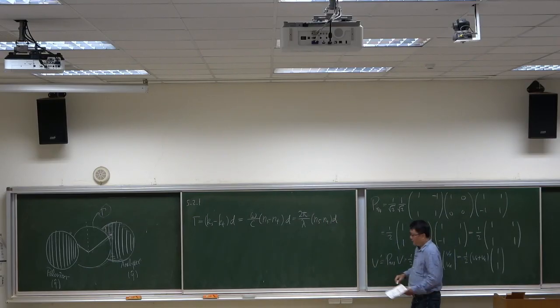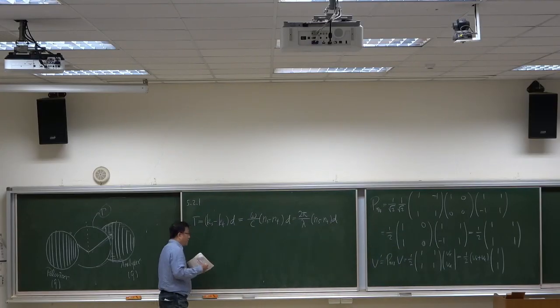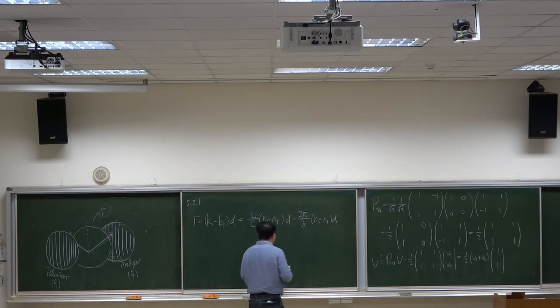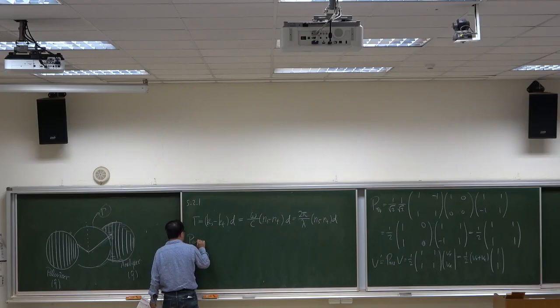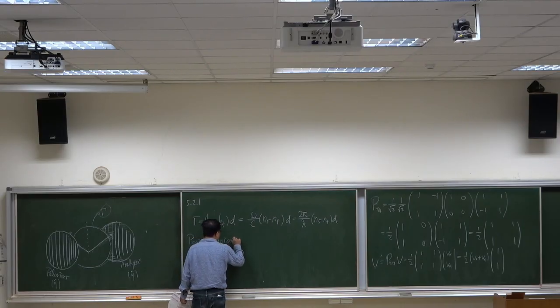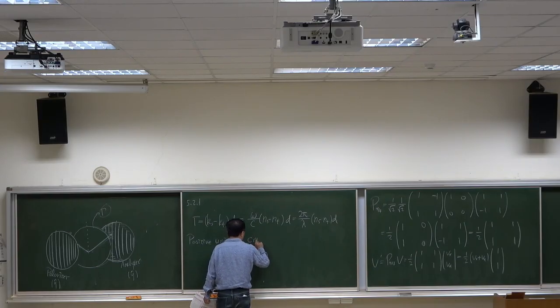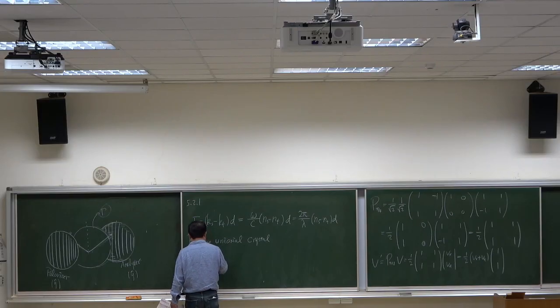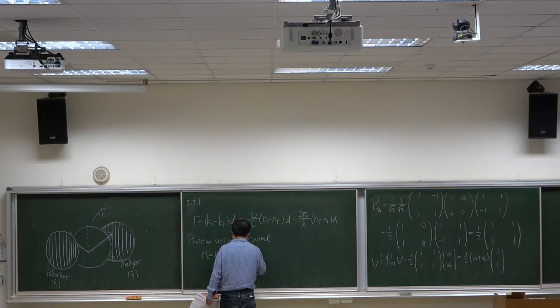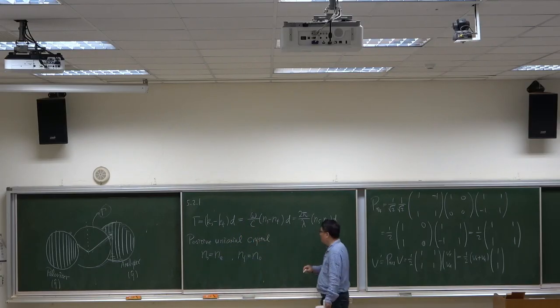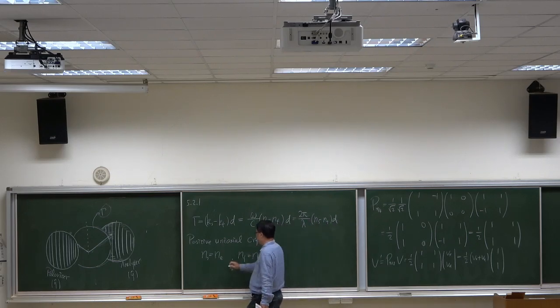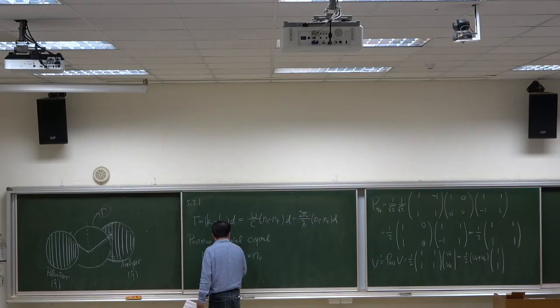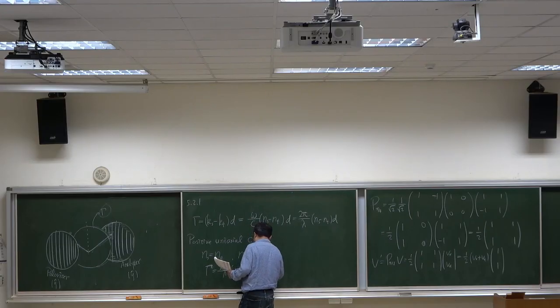Okay, so now if we use the positive uniaxial crystal, then now ns is equal to ne and nf is equal to no. So gamma now can be written as 2 pi over lambda times ne minus no times d.